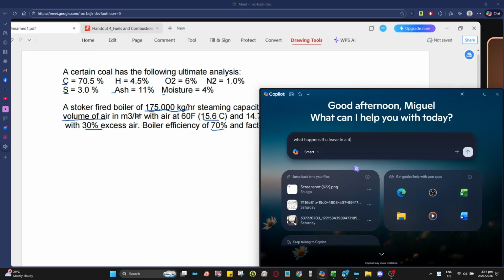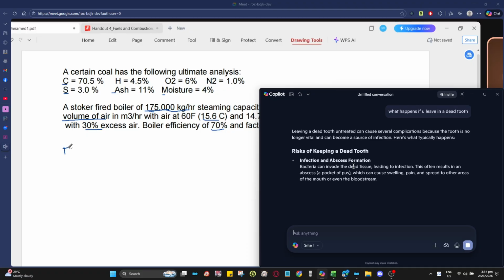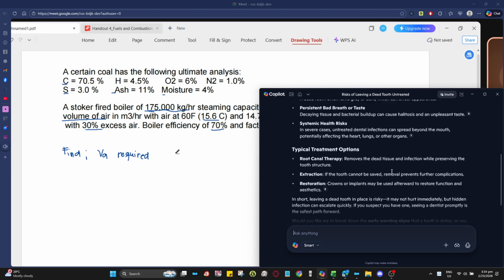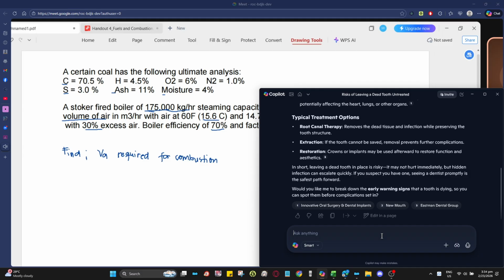So we are finding the volume of air required for combustion of the coal, burned with 30% excess air.